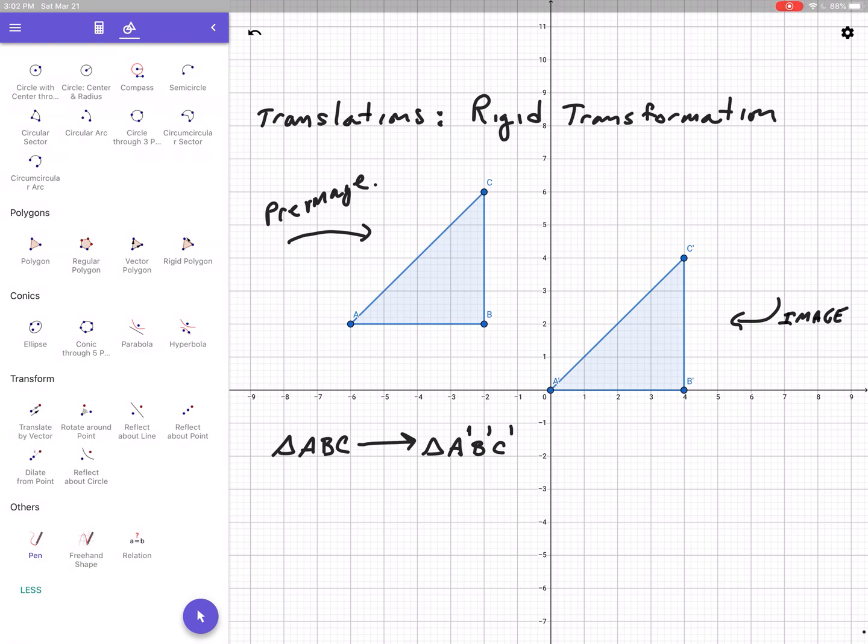So in other words, we're going from the preimage to the image. And how do we do that? We're going to write a rule. We're going to write a translation rule.